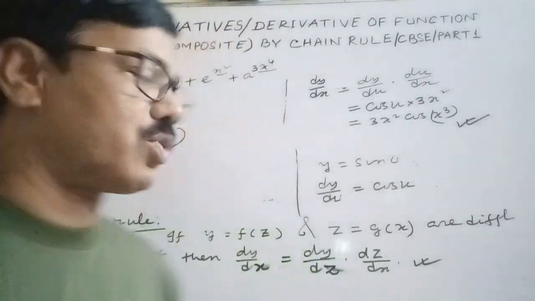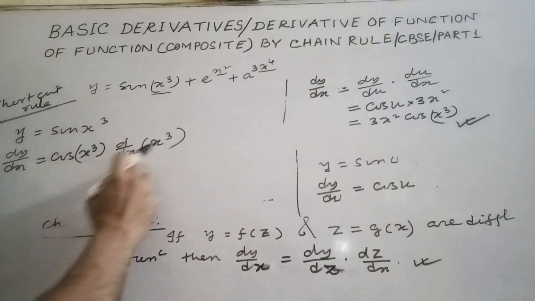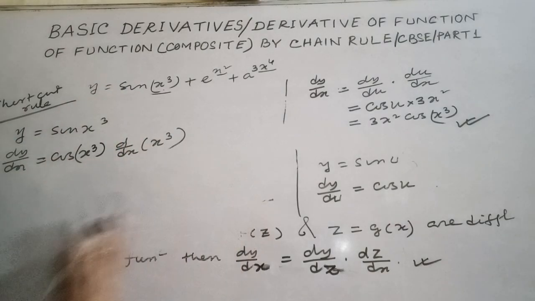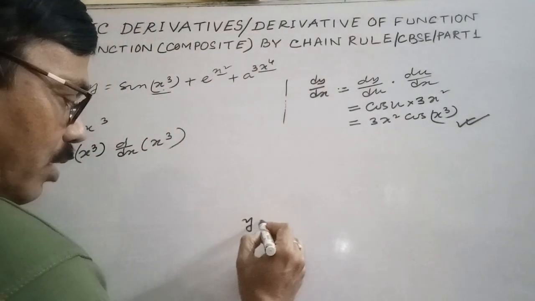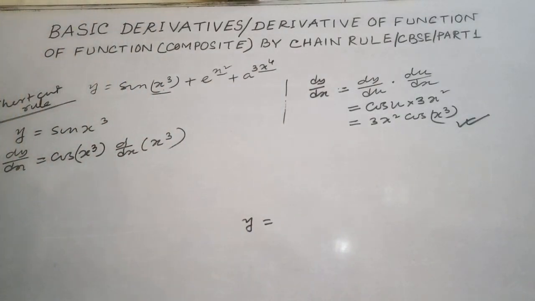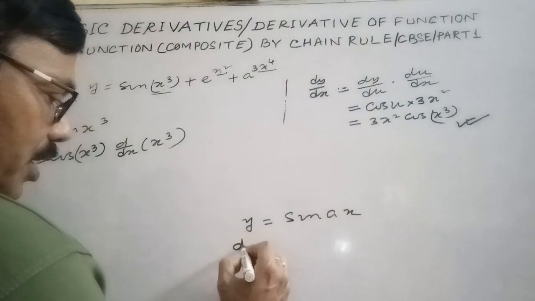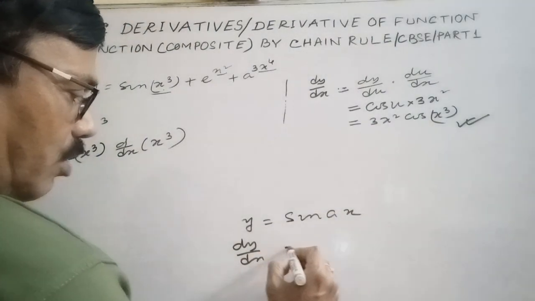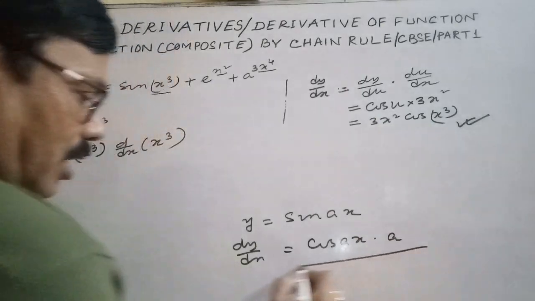y equals sine x cube, so cos x cube into d dx of the argument. Now look, if y equals sine ax, we know dy by dx equals cos ax into a.